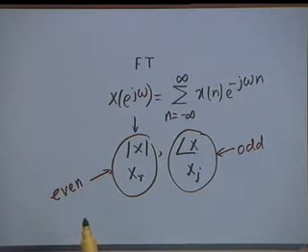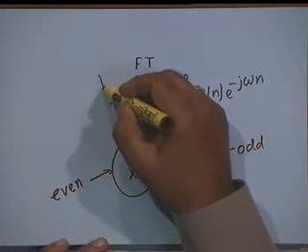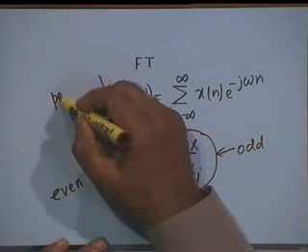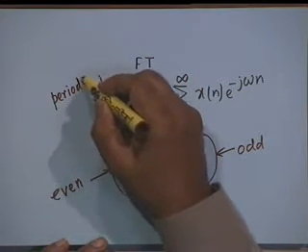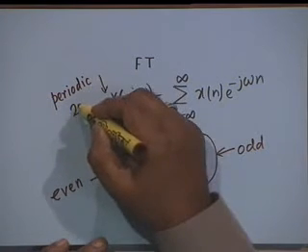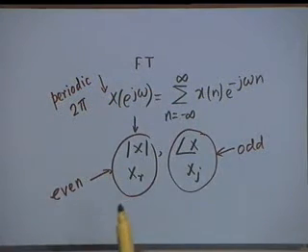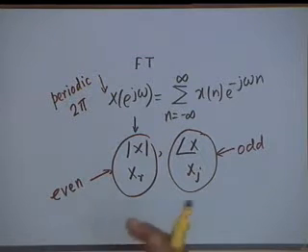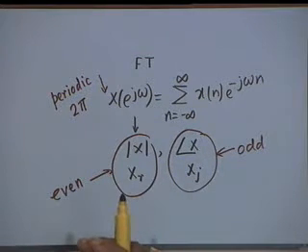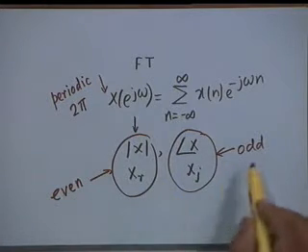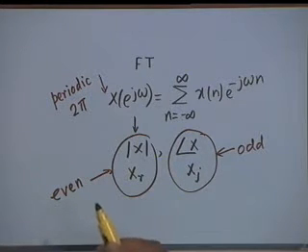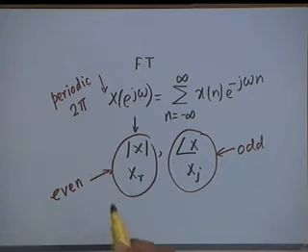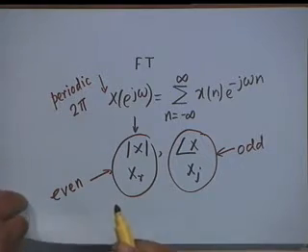The other point that we made is that capital X of e to the j omega is a periodic function with a period of twice pi, and that is the reason why we concentrate on minus pi to plus pi, or because of the evenness and oddness of its parts, we concentrate only from 0 to pi. If we know that portion, then we know the total spectrum.